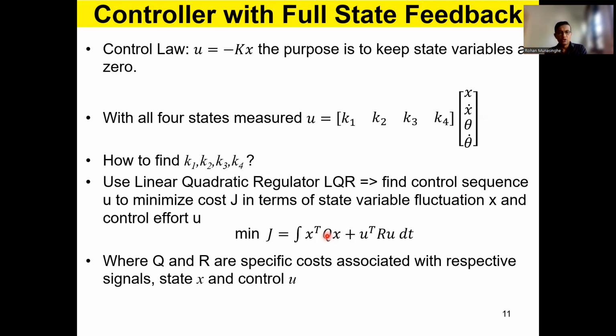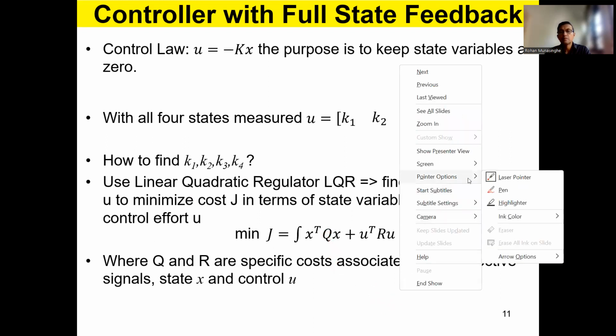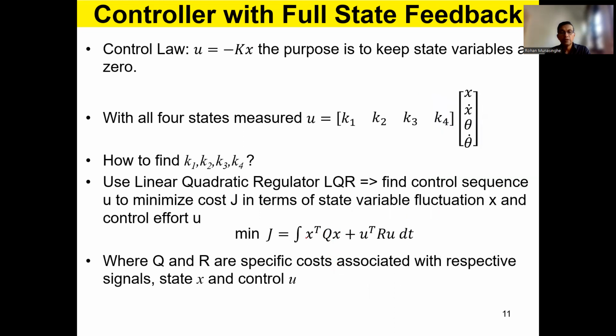Okay, so if I draw these, this will be a row vector like this, and then we have the square matrix in the middle, and then a column vector like that.